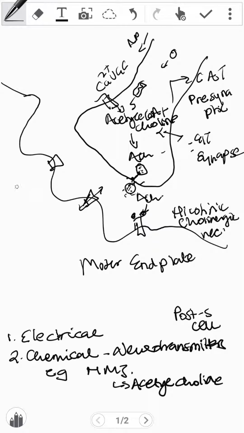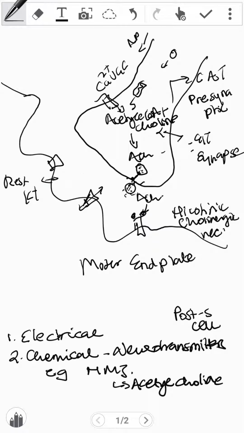Now, take note that at rest, as we discussed in our first video, the permeability to potassium is there, and the potential here is closest to the equilibrium potential of potassium. Therefore, potassium will be at equilibrium, so to speak.